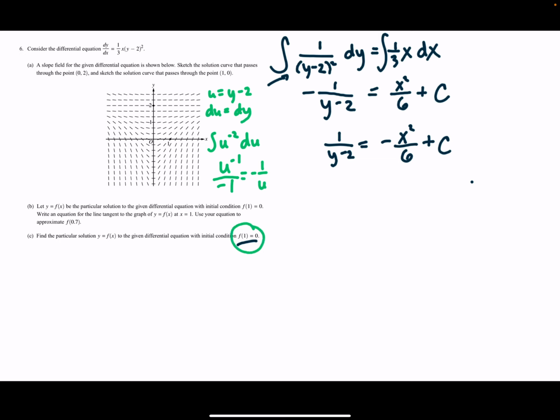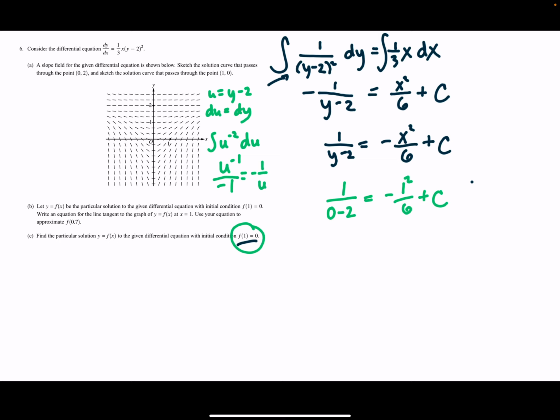Even if my solution so far is wrong, or I don't plug in the point successfully, my effort to plug it in is what I need to earn a point. Just the fact that I put in a 1 for x and a 0 for y gets me a point.